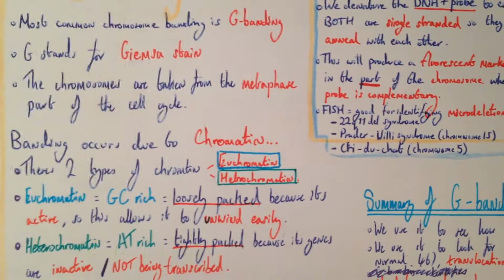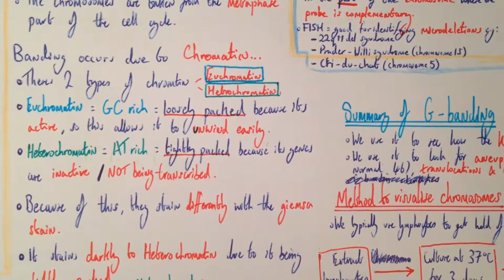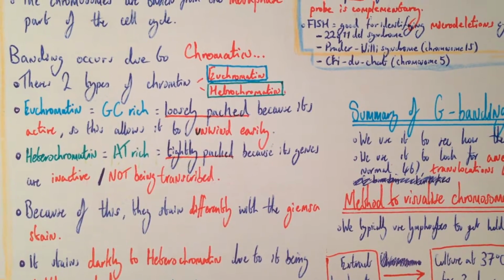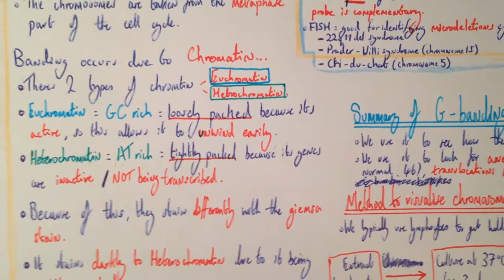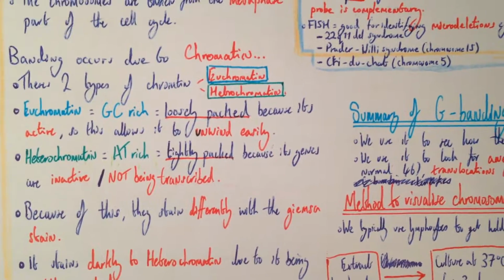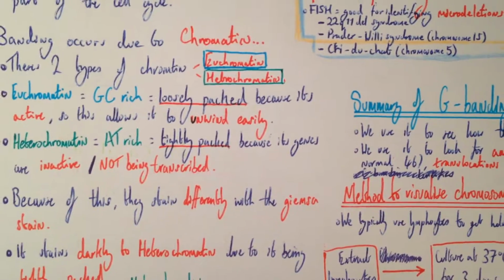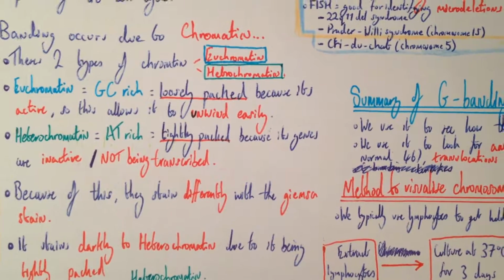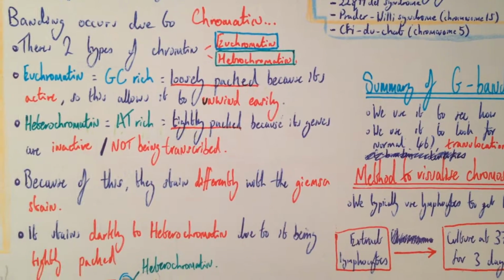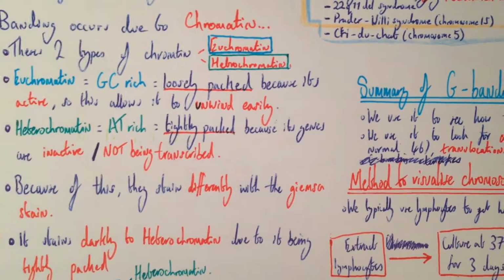There are basically 2 types of chromatin: euchromatin and heterochromatin, each in their respective colours. Euchromatin is GC rich and loosely packed because it's active.